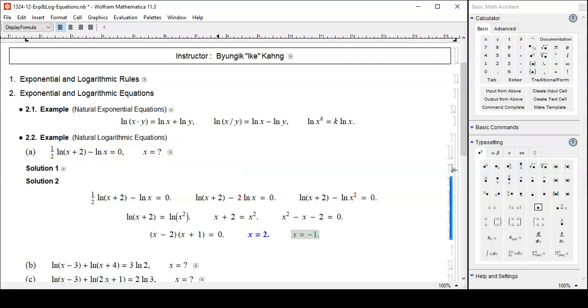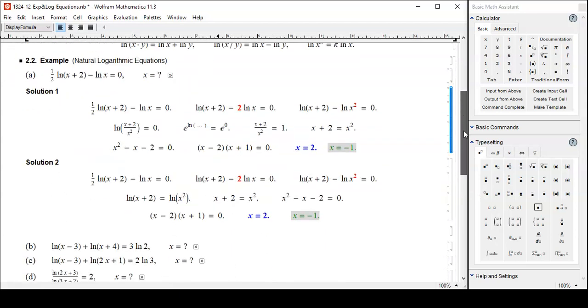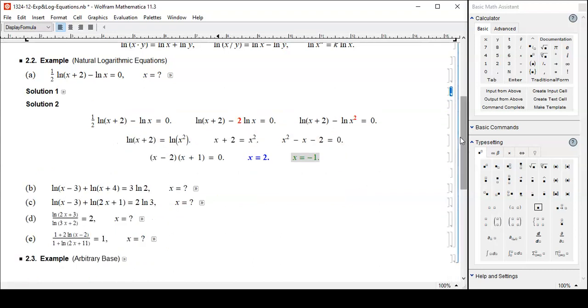Okay, this solution is a bit better than the previous solution, I have to say. By taking these two logarithms together, we got this rational expression and then got it back here. Yeah, it was a bit of overkilling. So the second solution is better.